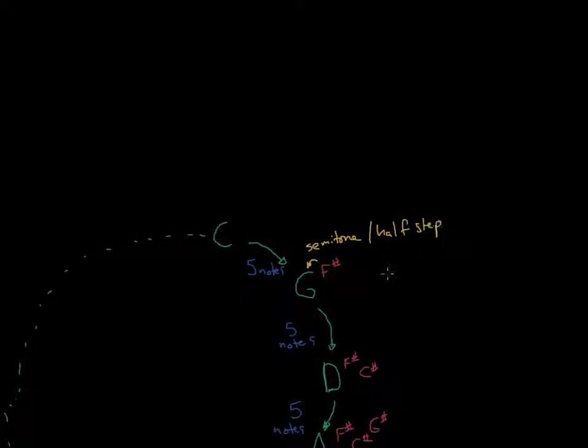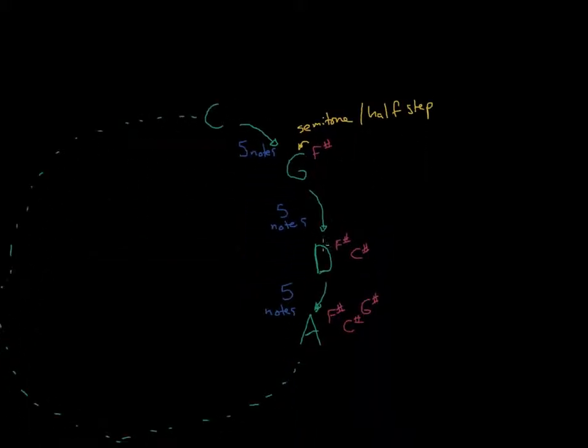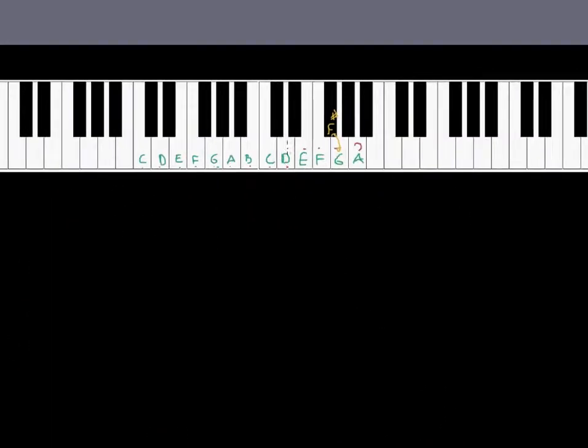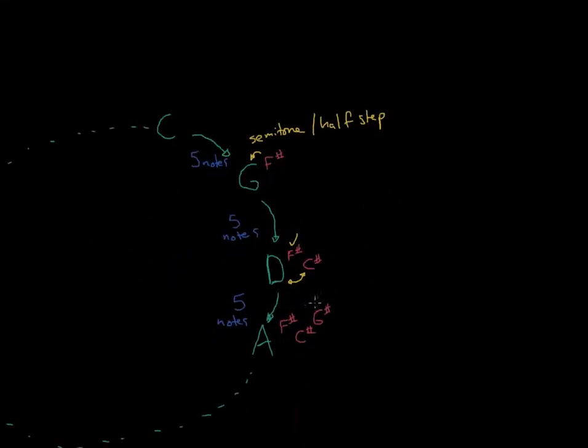Now D, it's already got the F sharp. What is the relationship between D and C sharp? You're probably already realizing that's a semitone as well. Let's just double check. Here's C sharp. What's the distance or the interval? It's a semitone. So that's interesting. Another semitone here.